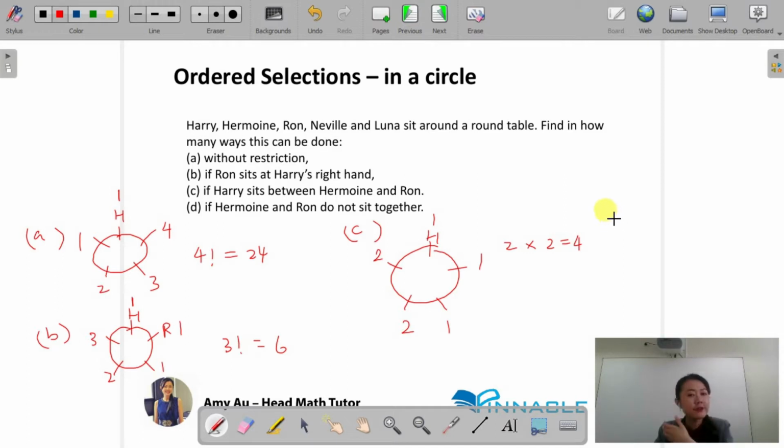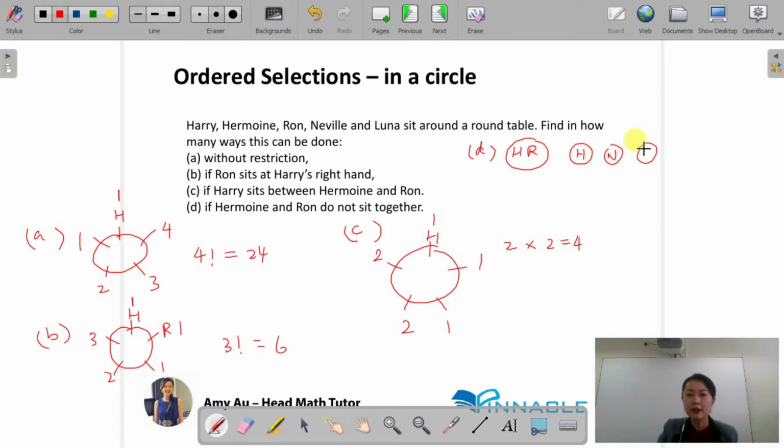Alright, so finally, if Hermione and Ron do not sit together, this is a classic example where you want to look at the complementary result. So let's say they do sit together. So H, R are together. Then I group them, and then you've got Harry, who else?